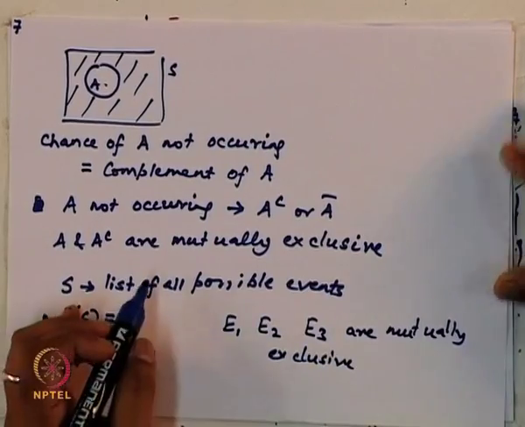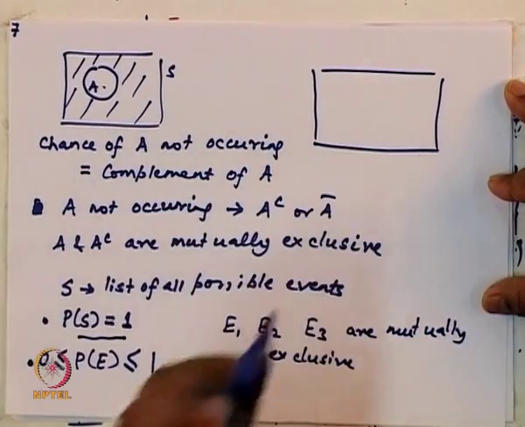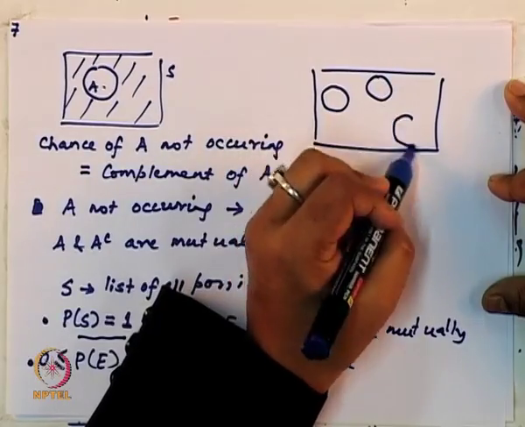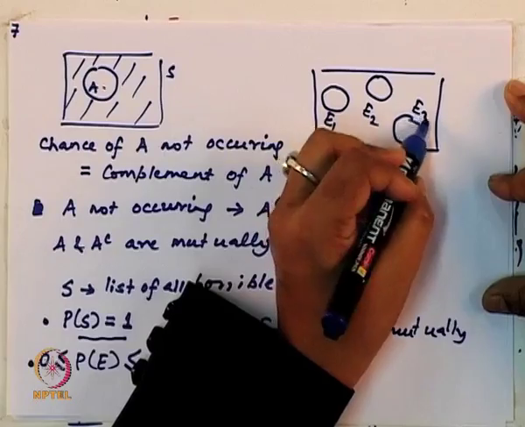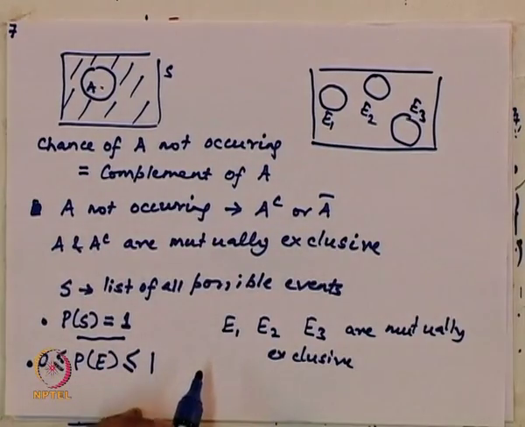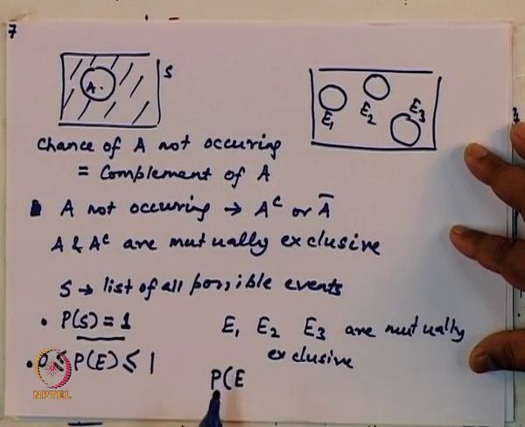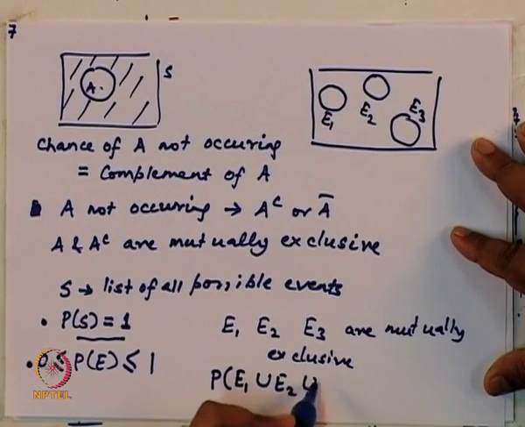How will I represent E1, E2, E3? If they are mutually exclusive, this is my event E1, this is my event E2, this is my event E3. For these events, I can write down the probability of E1 union E2 union E3.